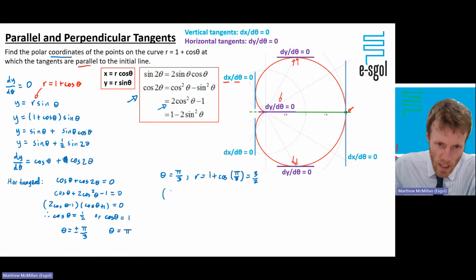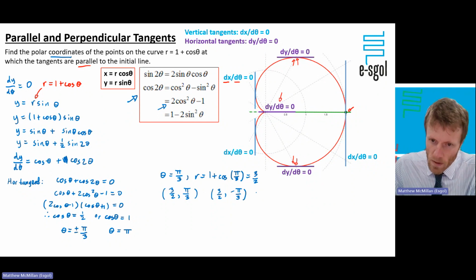This coordinate then is 3 over 2, pi over 3, because it's r theta, not theta r. And then the other ones that we get are 3 over 2, minus pi over 3. And the final one is 0, pi.